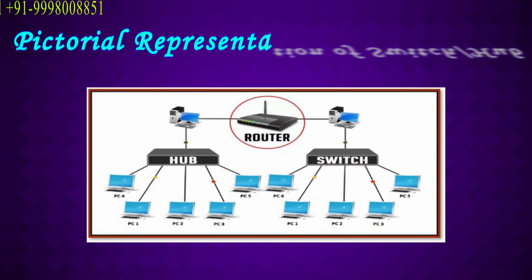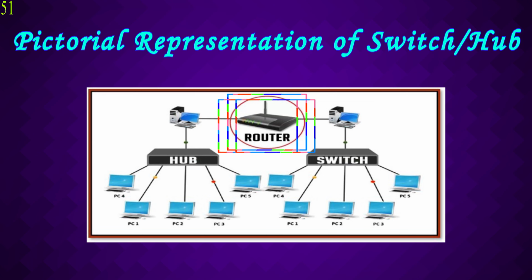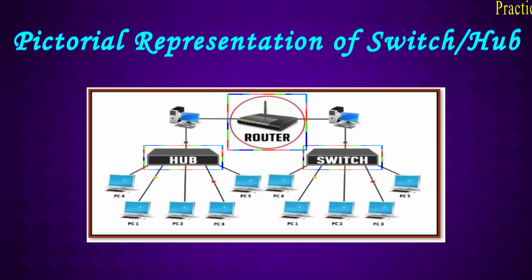In the next slide we have a pictorial representation of switch and hub. We can easily see that there is a central router that connects the hub and switch, which are further connected to multiple PCs. So here we are connecting a collection of PCs so that they can share information with the help of the switch and hub.